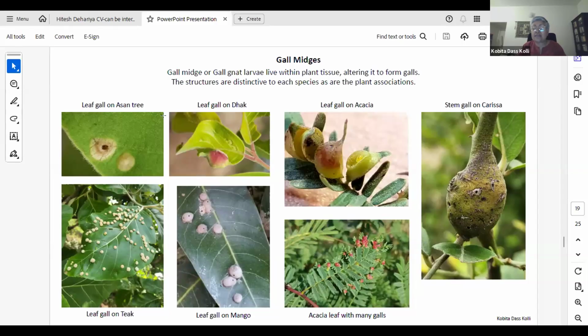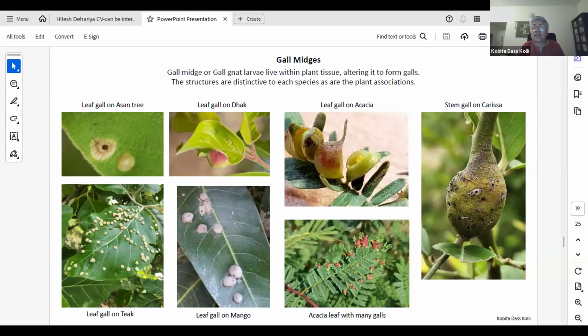The midges and gnats are insects. Many a time their larvae have to live inside galls on plants. They feed there, and you can see that in the picture on your right, which Farida is pointing at. There's a little tiny larva inside that capsule.